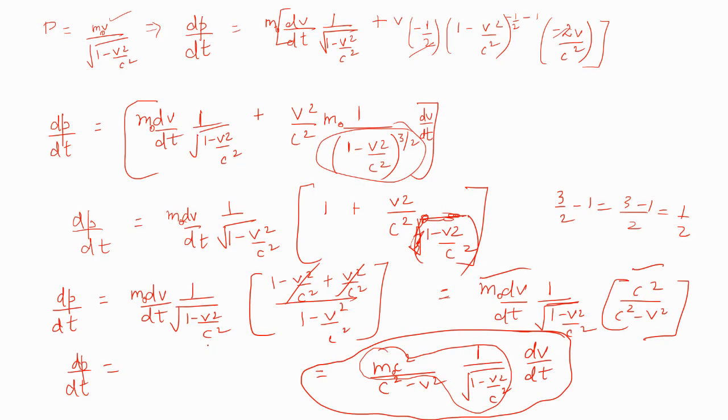So this whole term m naught upon under root 1 minus v square by c square will become the mass of the particle which is moving with a speed comparable to the speed of light, and this will become c square upon c square minus v square dv by dt.